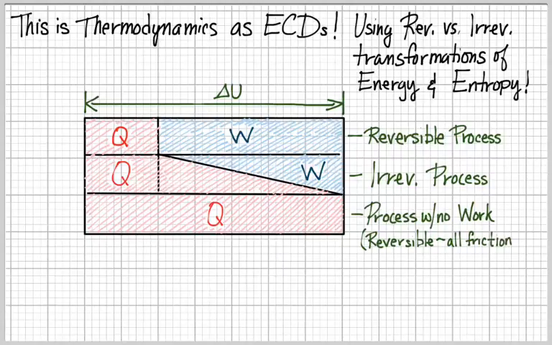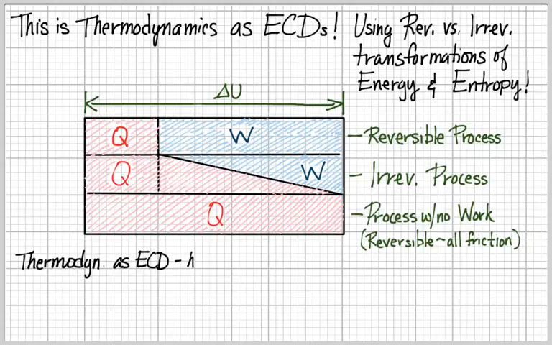It is also technically a reversible process in that we have no dissipation of energy from work to heat, because there is no work being done. So it's an all friction process is another way to look at this. So anytime I'm just doing a reversible process for just heat transfer, that is basically a friction process, is a good way to look at it.